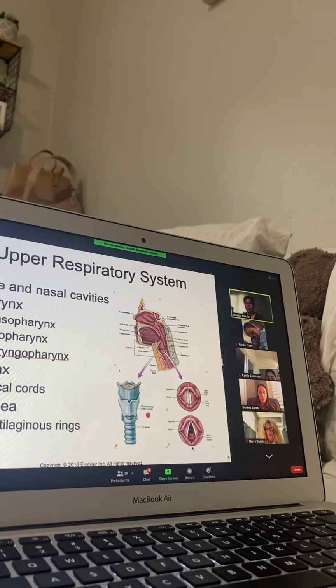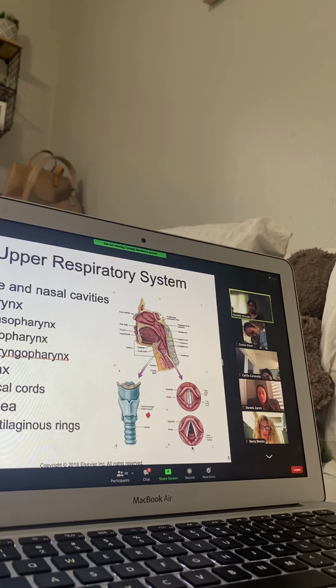This is your epiglottis. To open and close your throat. Okay, it closes your throat when you are swallowing, when you're eating. No food will go to your trachea, so the cartilage will close it.